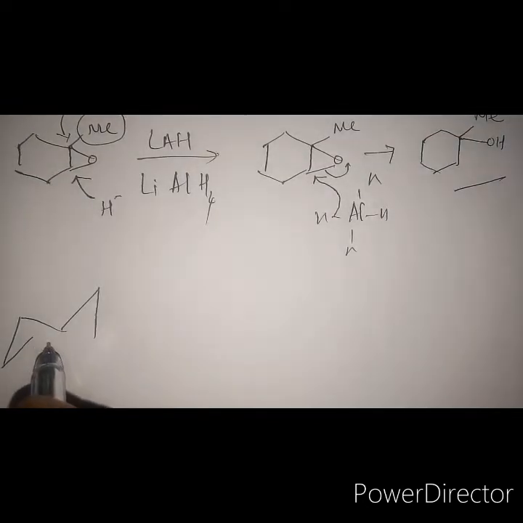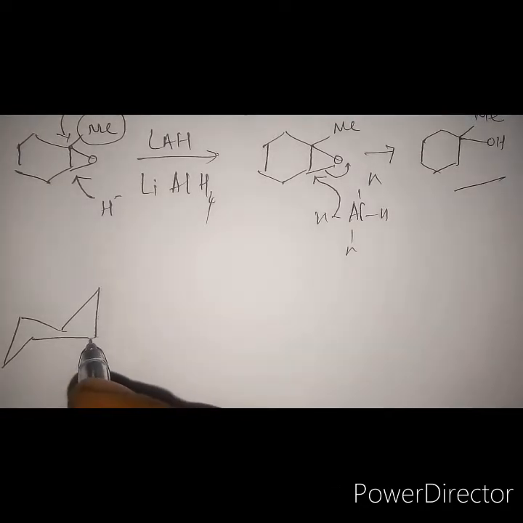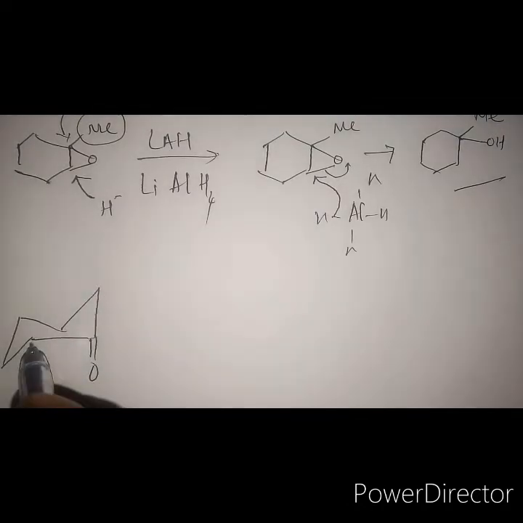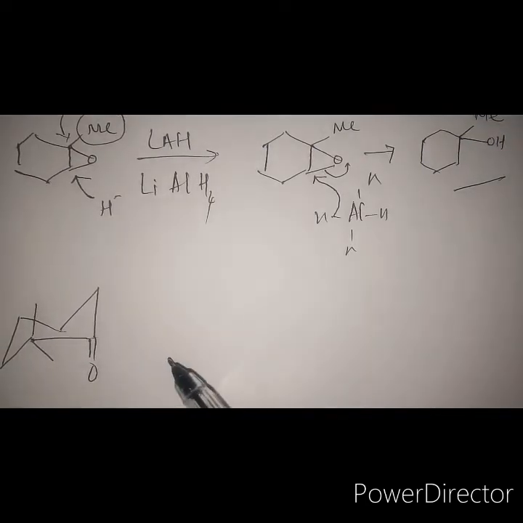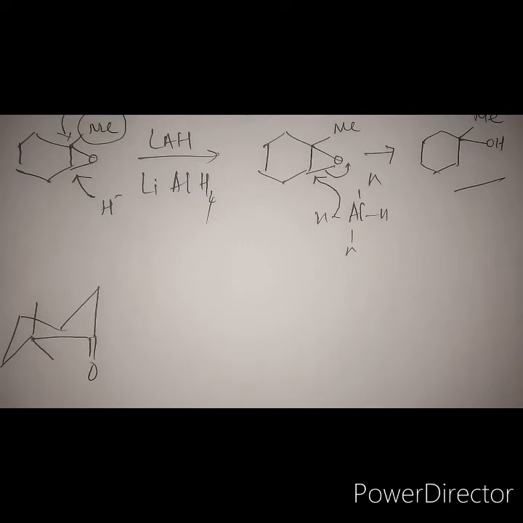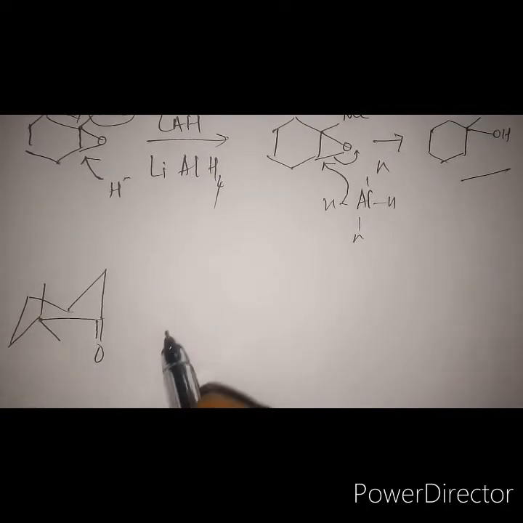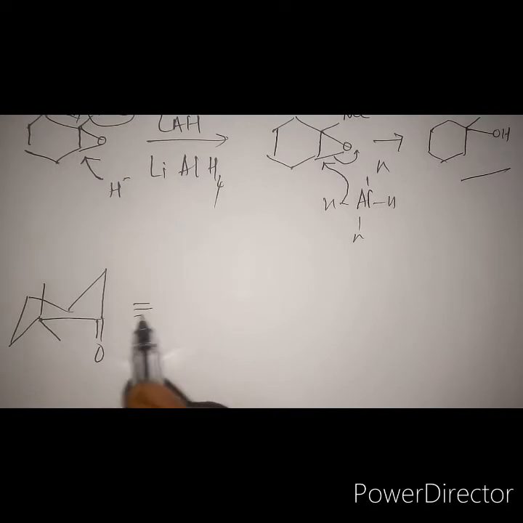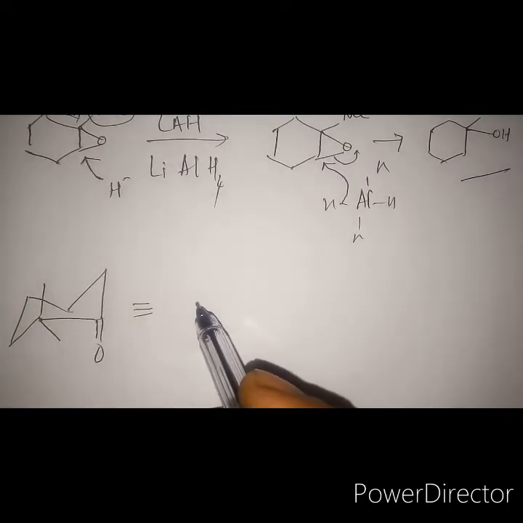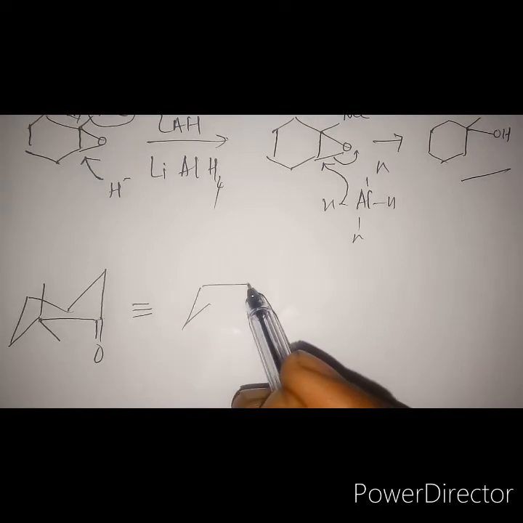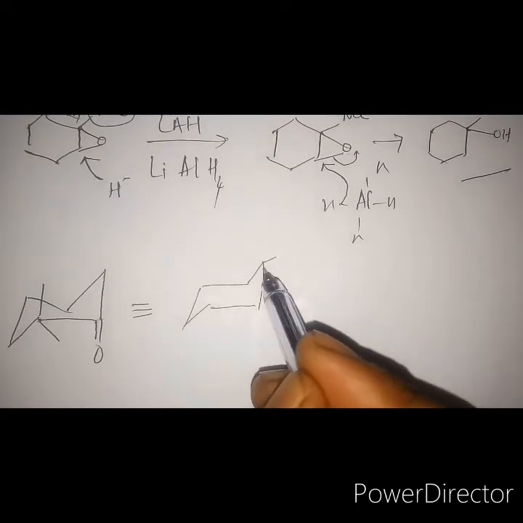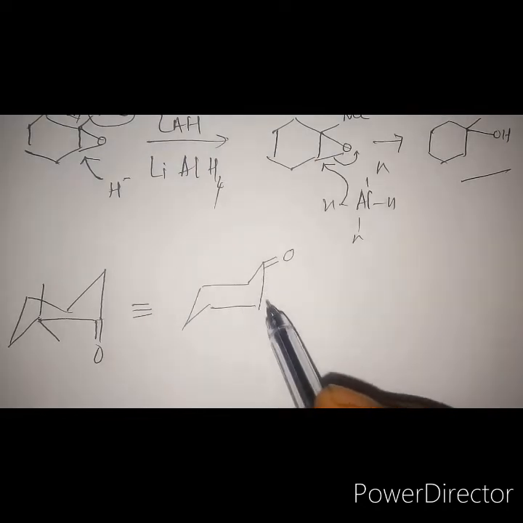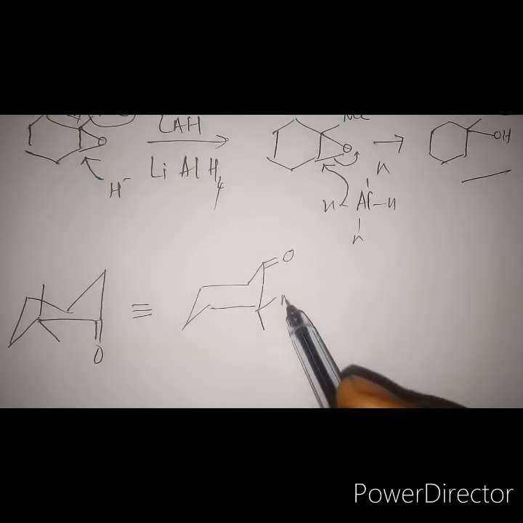So another one is, this is a methyl group. So there is a methyl group here, or you can write it like this. So here we have the carbonyl group, and here we have 2 methyl groups.